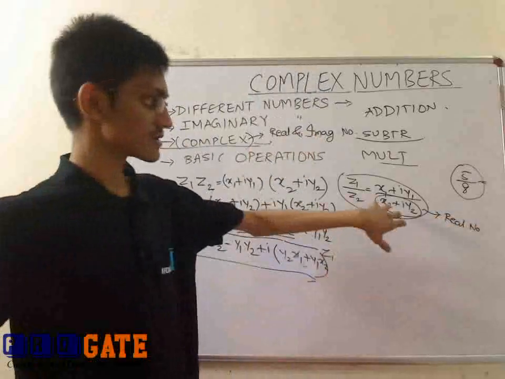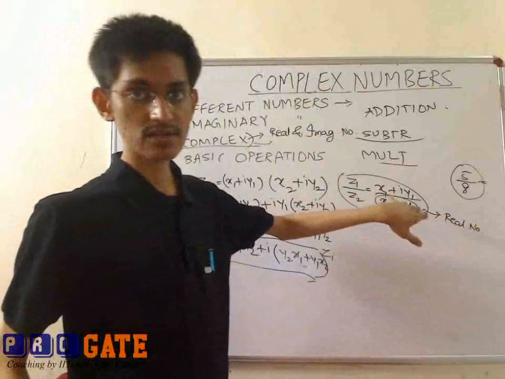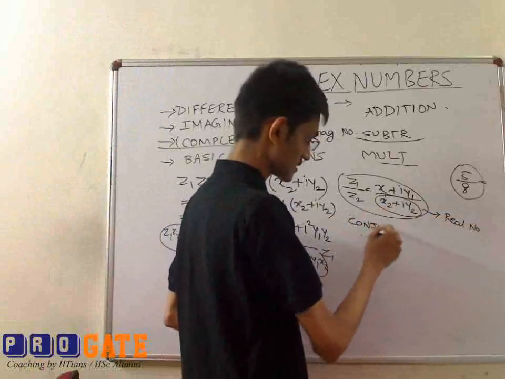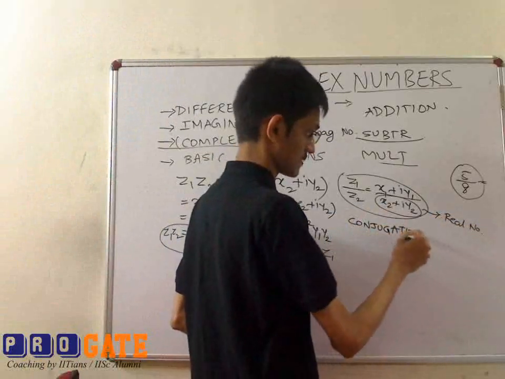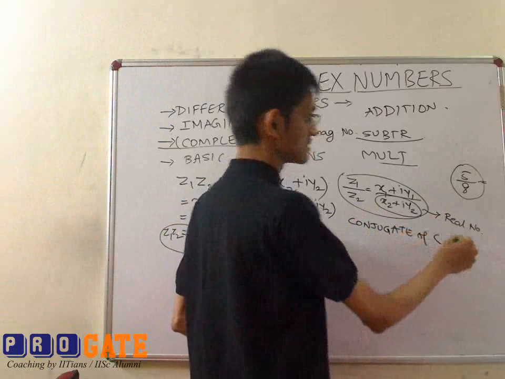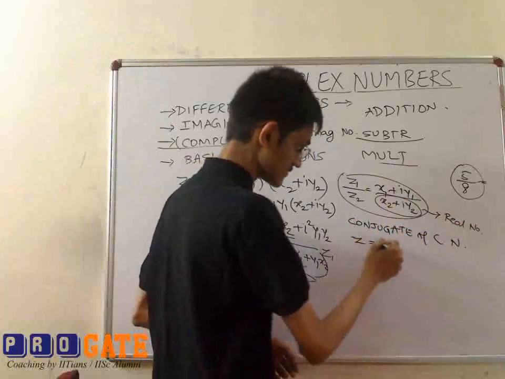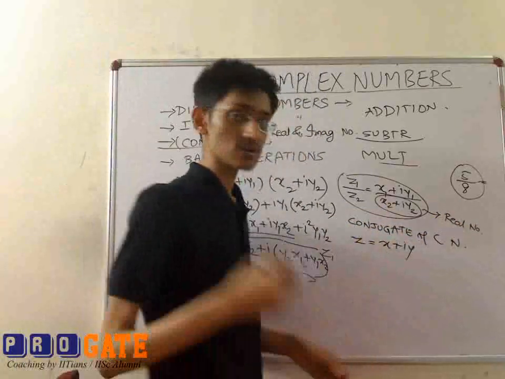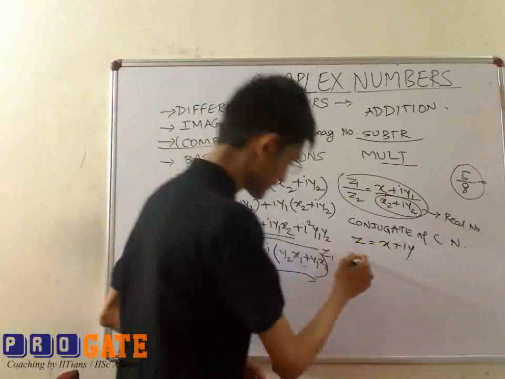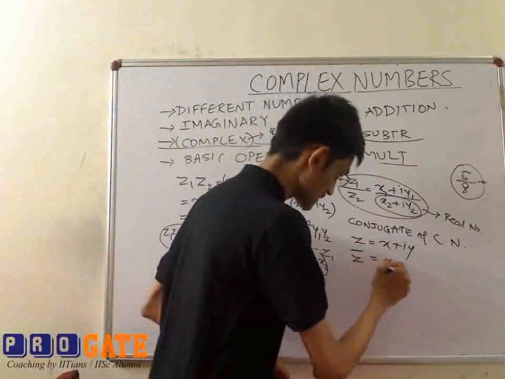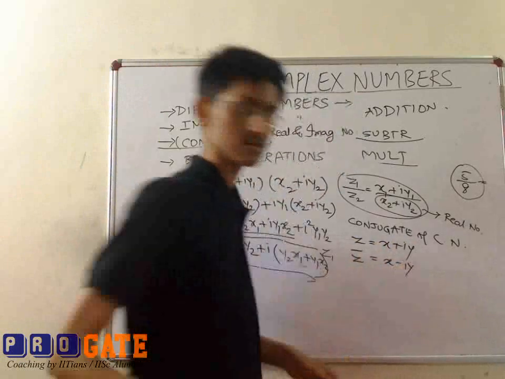So how do we go about converting this denominator into a real number? That is by multiplying by the conjugate of the complex number. Now what does conjugate of a complex number mean? If z is x plus iy, the conjugate of the complex number, z bar, would be x minus iy.